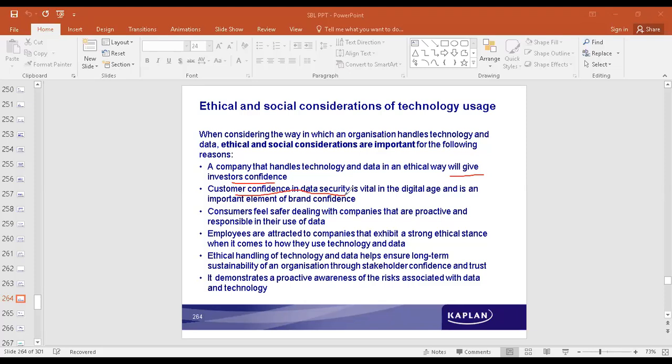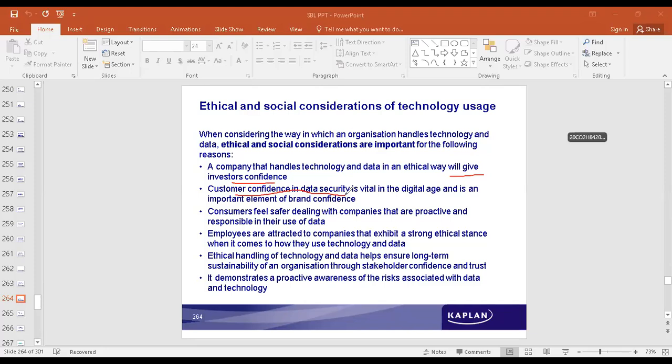Customer confidence and data security is vital in the digital age and is an important element of brand confidence. That's how they can build their brand. Many sellers vouch that the data you share with us, we will not share with others. And some of them do stand by those things.